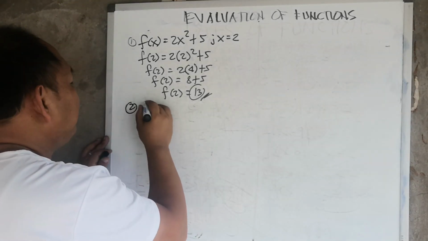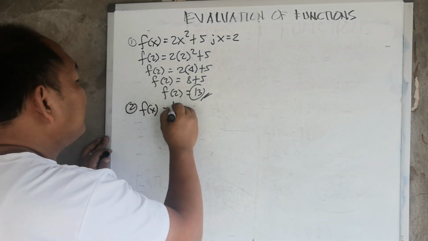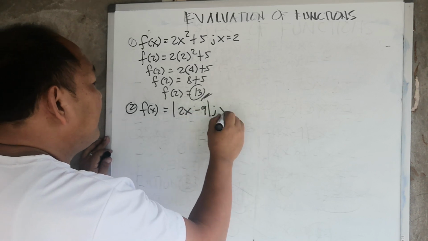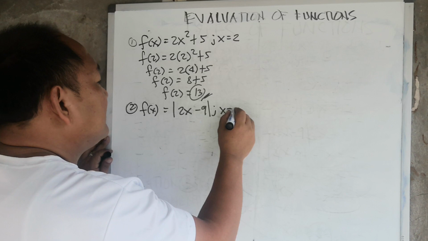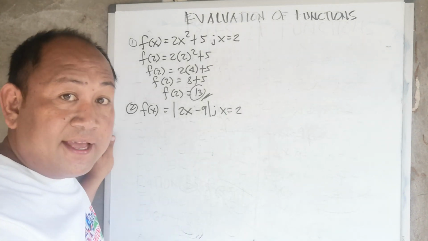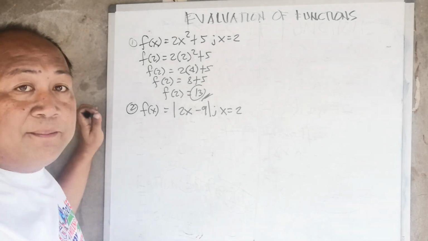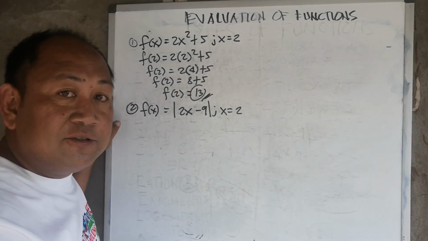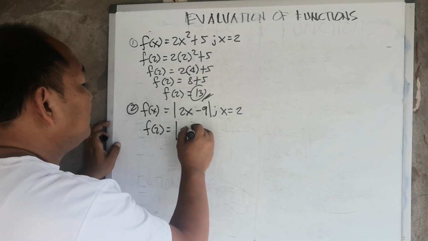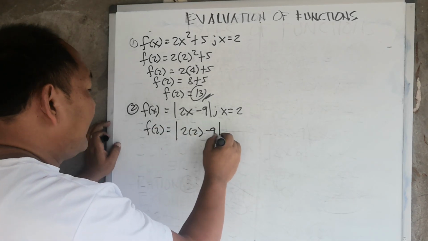Number 2. We have f of x equals the absolute value of 2x minus 9, where x equals 2. Okay, so this time, just replace x by 2, and our example is an example of an absolute value function. So f of 2 equals the absolute value of 2 times 2 minus 9.